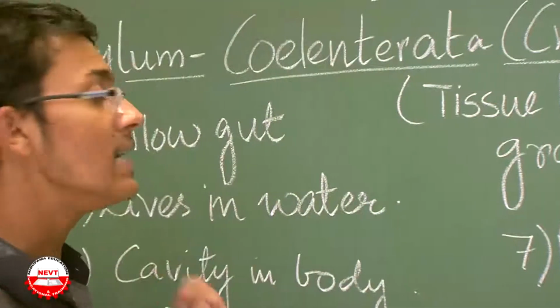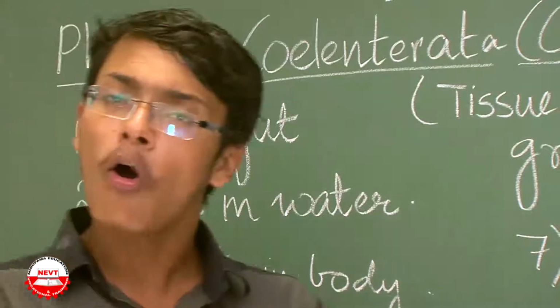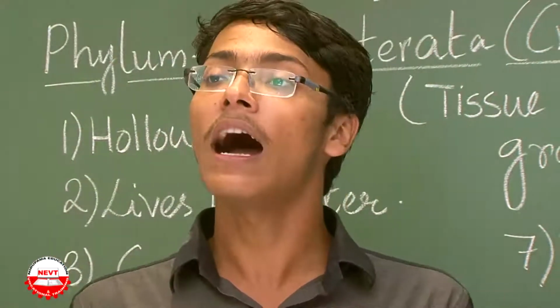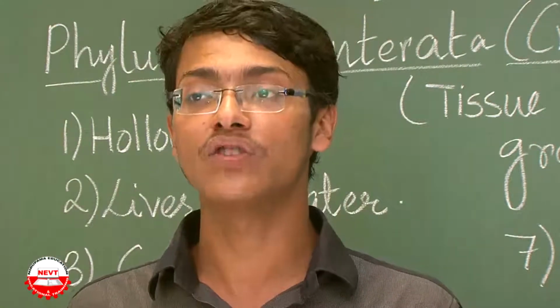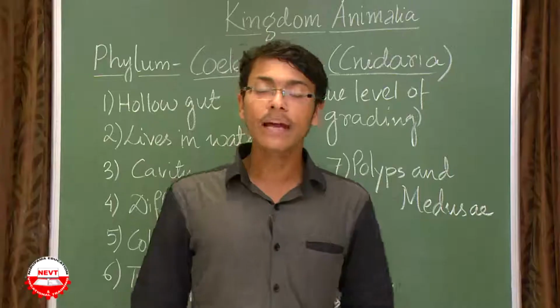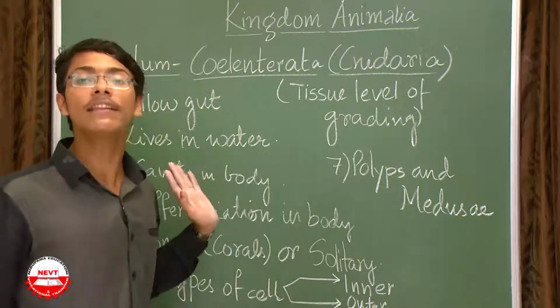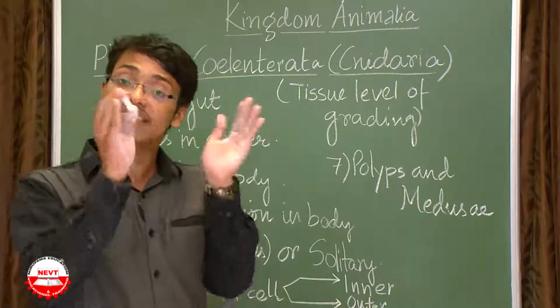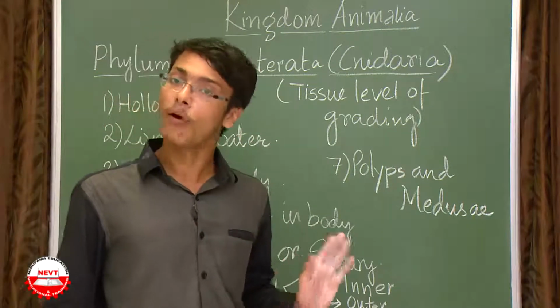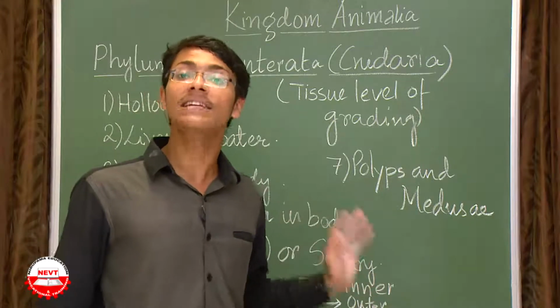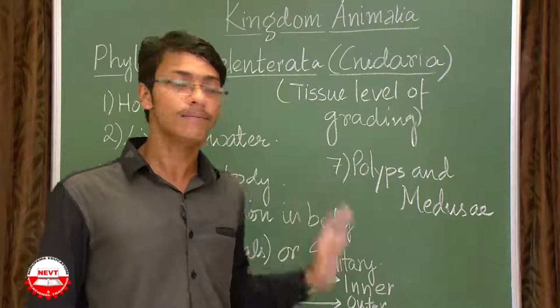The second point is they live in water. Almost all the coelenterates are marine or aquatic in nature. The third point is that there is a designated cavity present in the body, so we can say that the coelenterates have a body cavity.